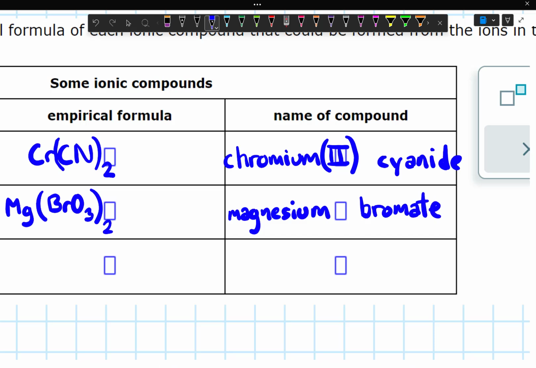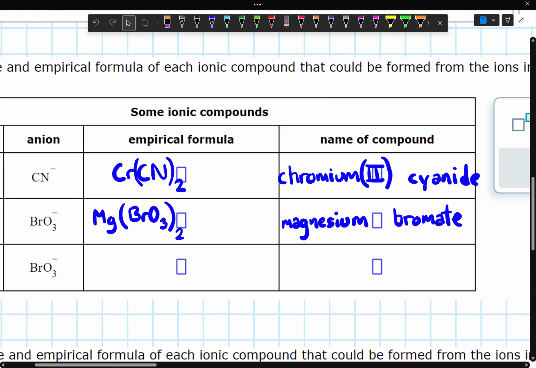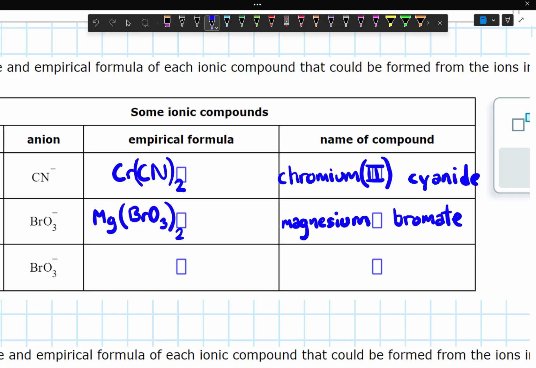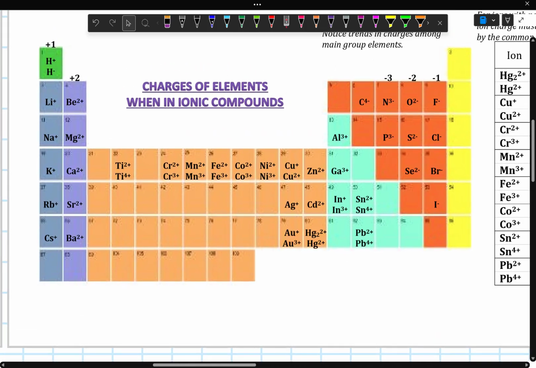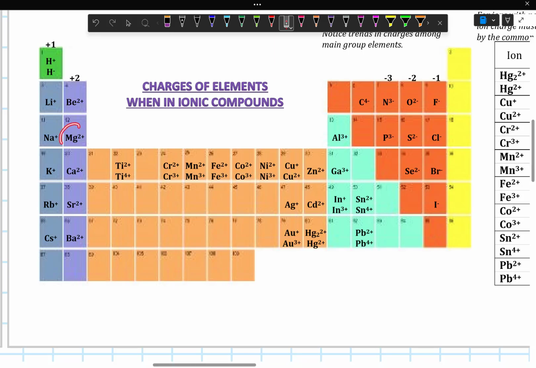You might be asking, wait a minute, isn't it magnesium 2? No, it's not magnesium 2. We don't write the charge in this case, because if we look over here, well, where is magnesium? Magnesium is right here. As we can see, it is in the 2 column, which means it has a +2 charge.